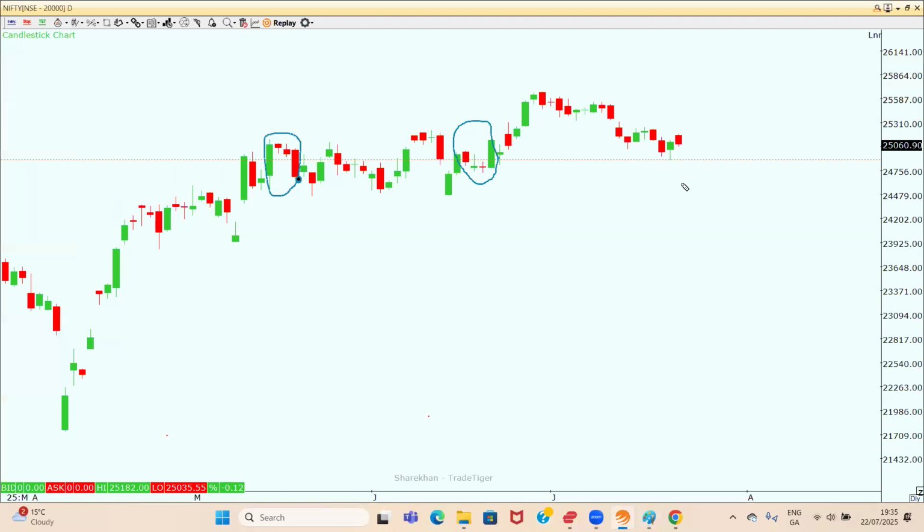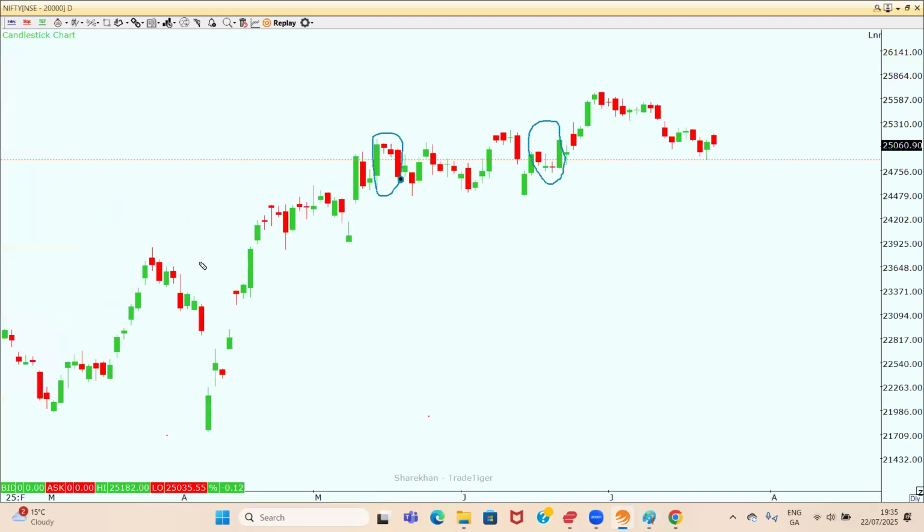Yeah, let's figure out more. Can this be a demand zone? The first zone that we figured out, its leg out candle is considered as leg in for the next zone.